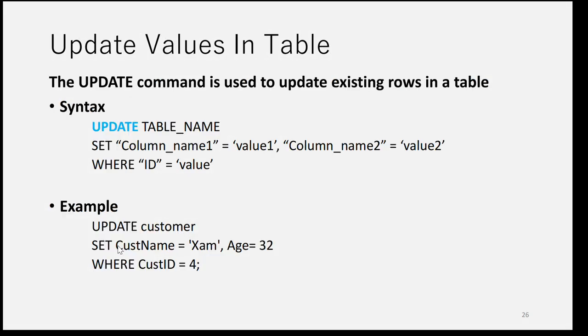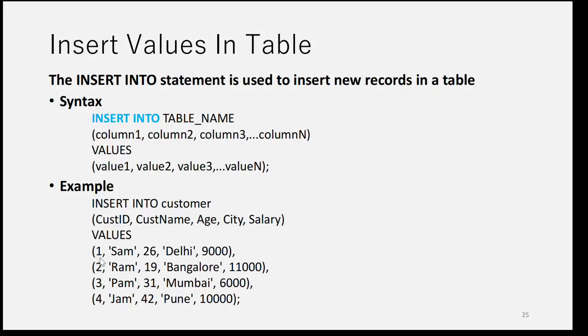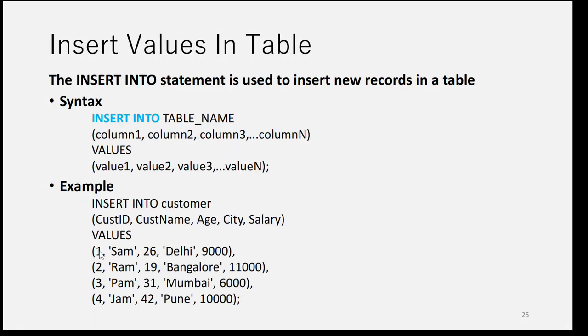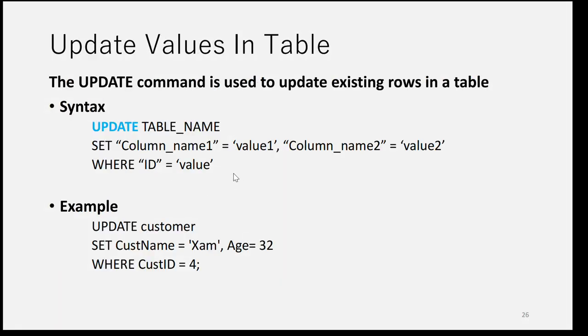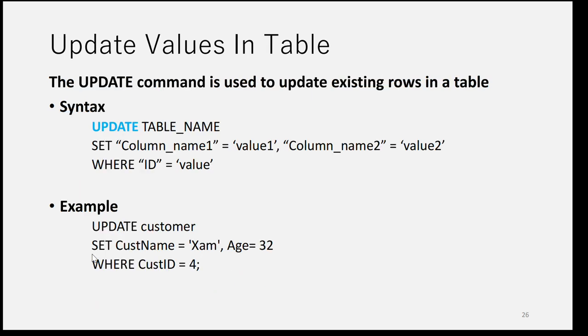Similarly with the other parts, you do what you want. Here you only need to change the 1 into 11. So you give update customer, customer ID equals 11, customer name equals Sam, age will be 29, city will be the same, and salary will be the same. You do this where the ID is actually 1. There it will get updated. That is how the update command works.